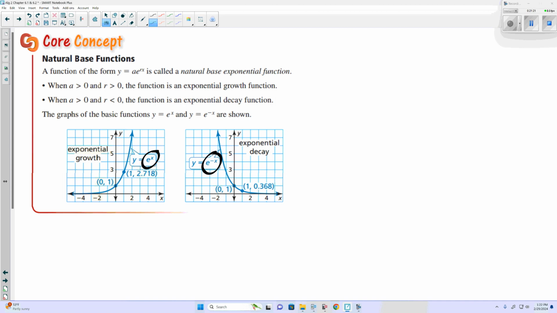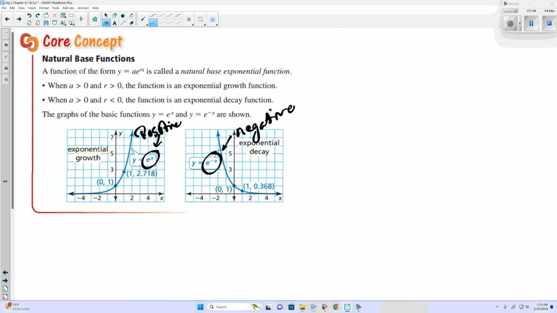If the exponent is positive, no matter what it is, it's growth. If it is negative, it's decay. With e, it's either positive or negative in that exponent.